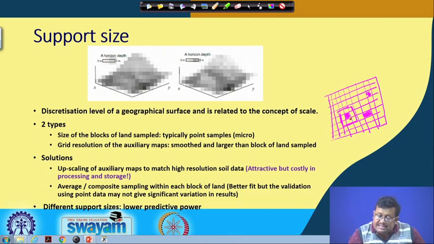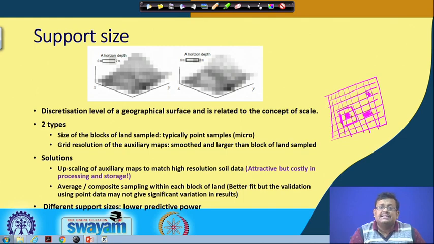So, you can see this is the support size difference. The individual cell represents the support size of the point data, and this is now the support size of the digital elevation model. Obviously this is quite larger than that of the block of land sampled.